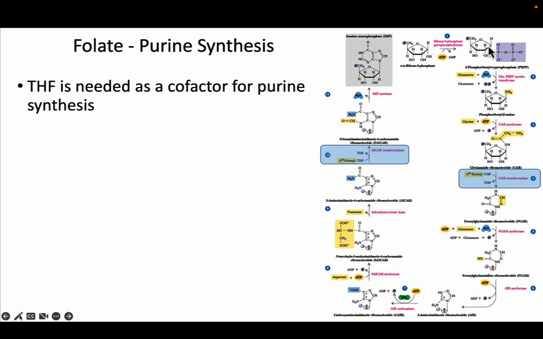And then we cycle through a lot of steps where amino acids are donating components like glutamine, glycine, and those repeat themselves around. We have N5-formyl tetrahydrofolate up here that's used, and then again we have N10-formyl over here as well. And so this is making a precursor, inosine monophosphate, that can be incorporated into DNA bases.